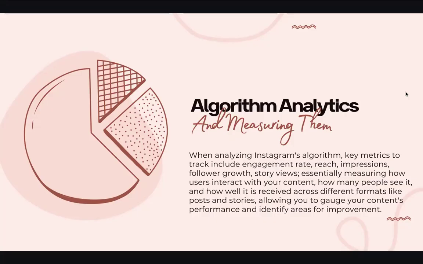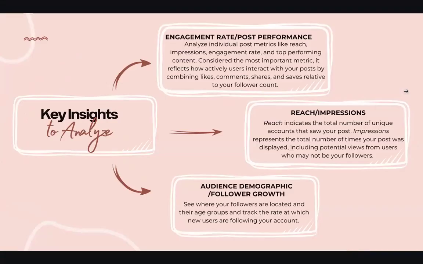Okay, like posts, stories, reels, all those different things. This allows you to gauge your content's performance and identify areas for improvement. So, what content is performing well, what's not doing so well, how can we improve what's doing well? Why is something doing so well? And can we recreate it? All right.